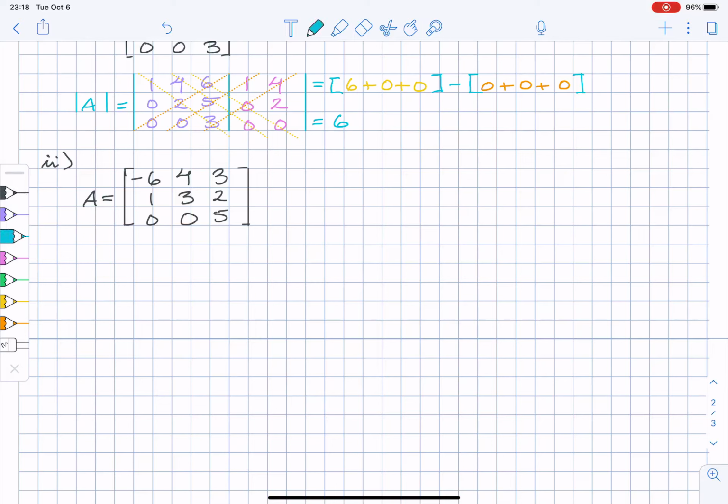Okay, so the determinant of matrix A is going to be the determinant of -6, 1, 0, 4, 3, 0, 3, 2, 5. We're going to augment this with the first two columns, which are -6, 1, 0, and 4, 3, 0.